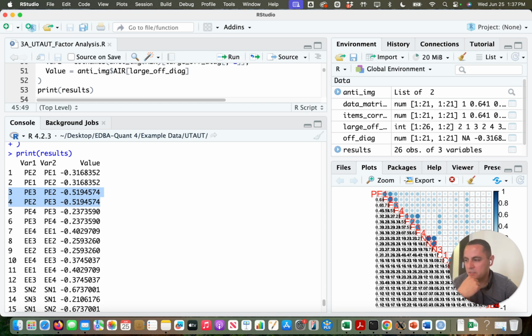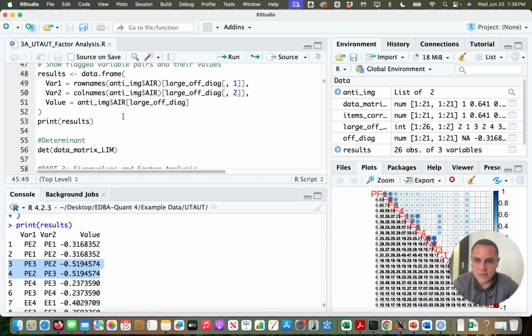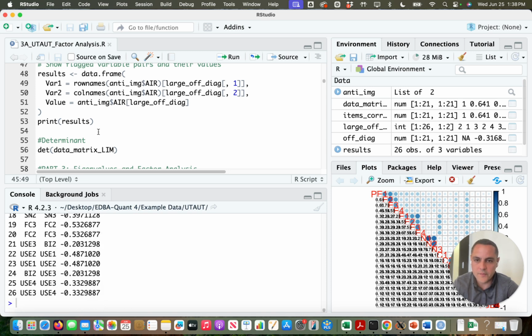Doesn't necessarily suggest to us that there's something horribly wrong, right? But we might actually look at those questions and that may lead to maybe dropping or rewording some of those questions. But there is this overlap within PE, and there are some in some of the other constructs as well. So you can look at that in detail, relate to your own study, but we're going to move forward.